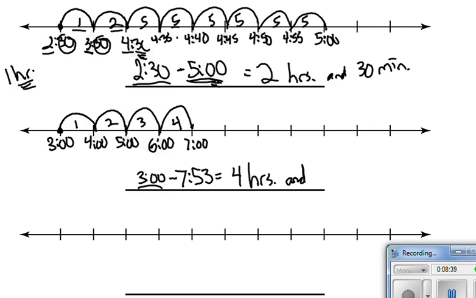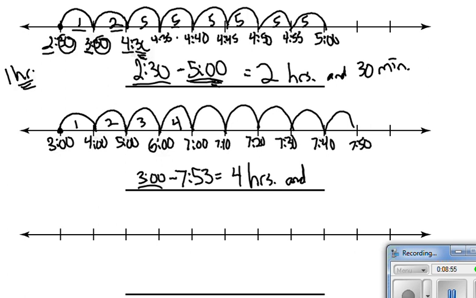You can do it by tens. 7:10, 7:20, 7:30, 7:40, 7:50 right there. Now, if we keep on going, we go to 8 o'clock, and we can't do that because we're not allowed to go past that 7:53.